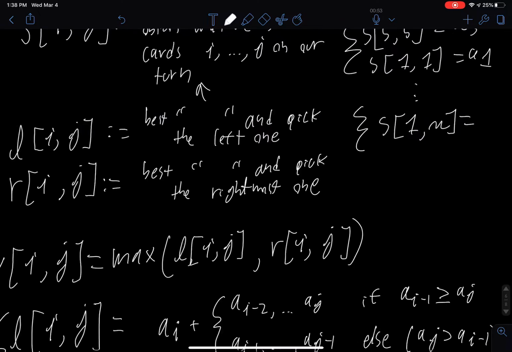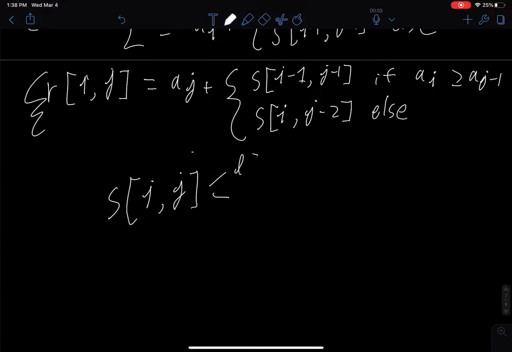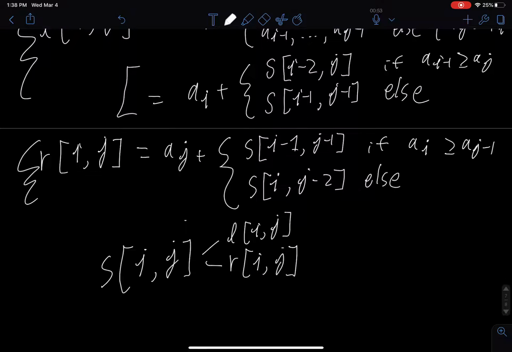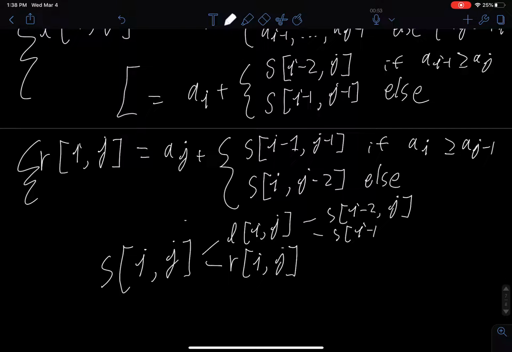Well, we need, I used a V right here. Well, we need Lij and Rij. What do we need in order to compute Lij? We need S sub I minus 2 j and S sub I minus 1 j minus 1.